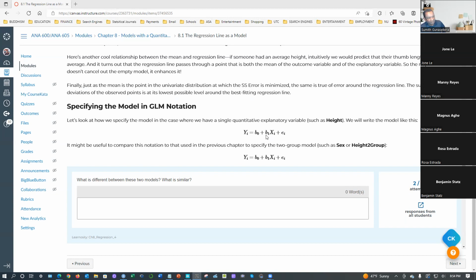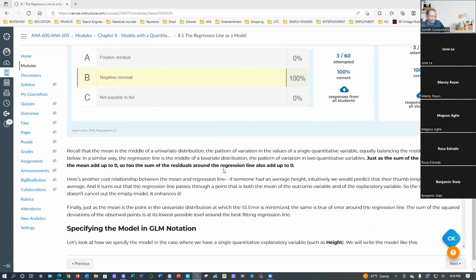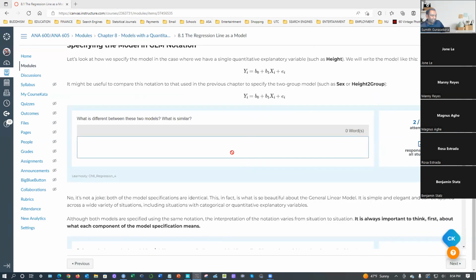Like a marginal profit, marginal loss, marginal cost, same thing here: marginal thumb length. That means how much the thumb length has increased for a 1 unit increment in height. So it is the average rate of change of thumb length with respect to height.